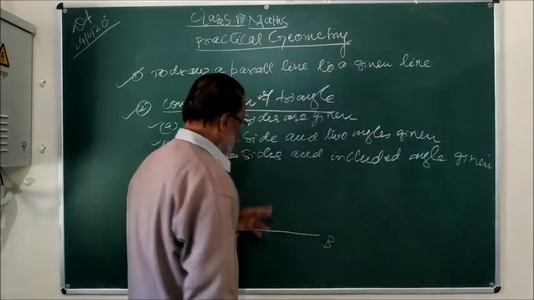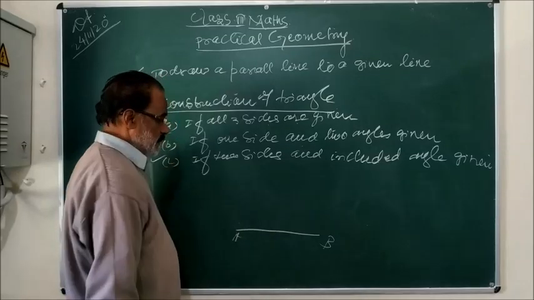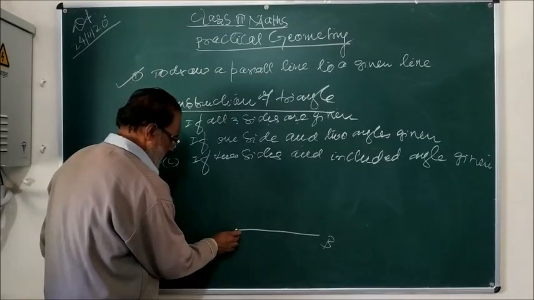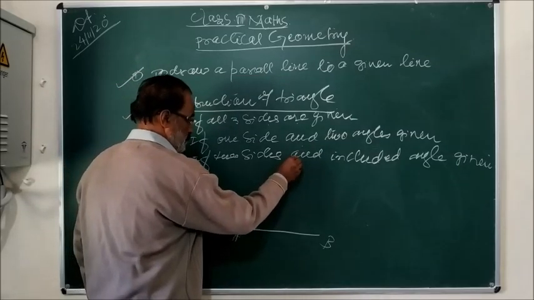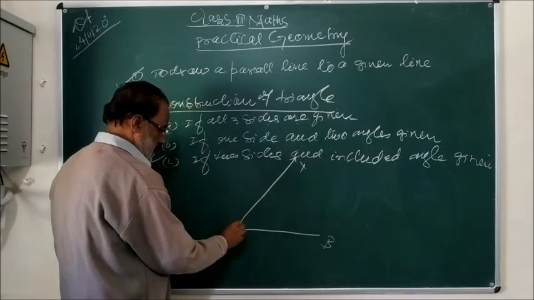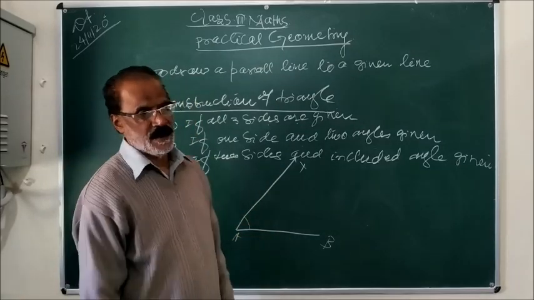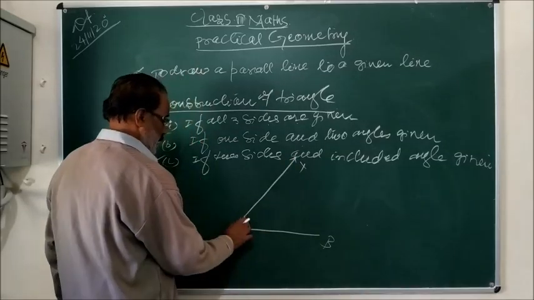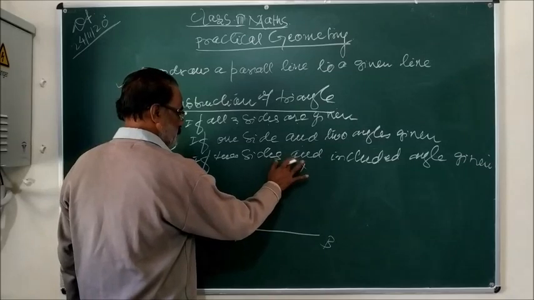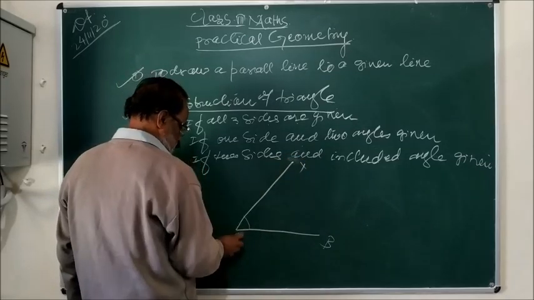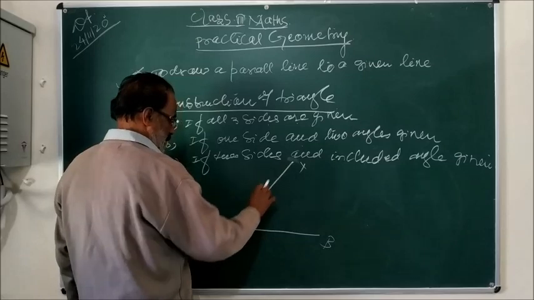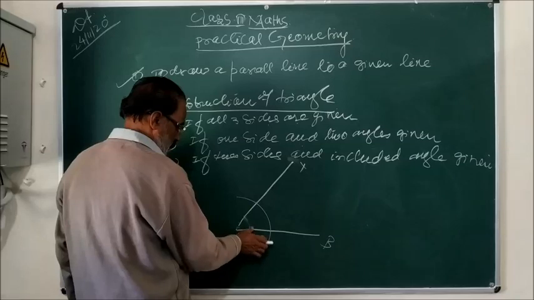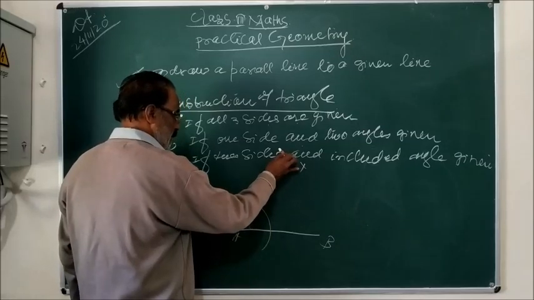Now you see the method. AB is a given line. You have to draw a parallel line to AB. You make any acute angle, suppose this one, angle XAB. How many degrees? Less than 90 degrees. And from X we draw an angle equal to angle A, from this point. For this, what do we do? Look, you draw an arc of any measurement, and now don't change.